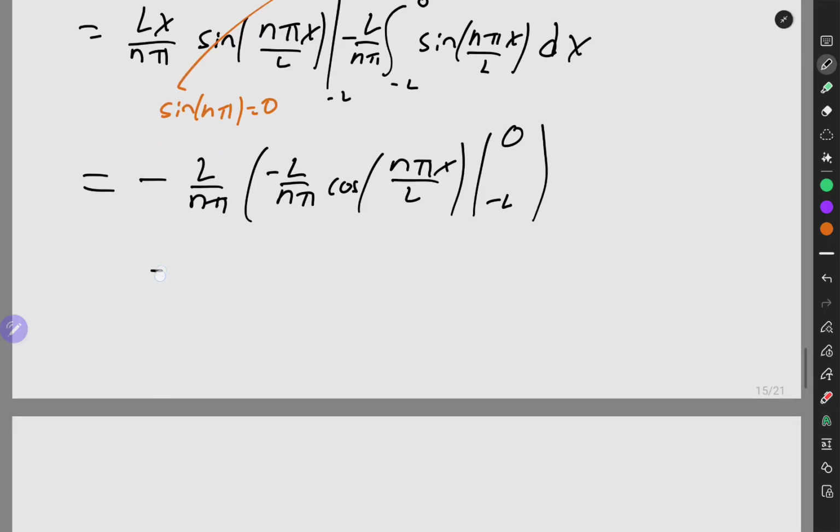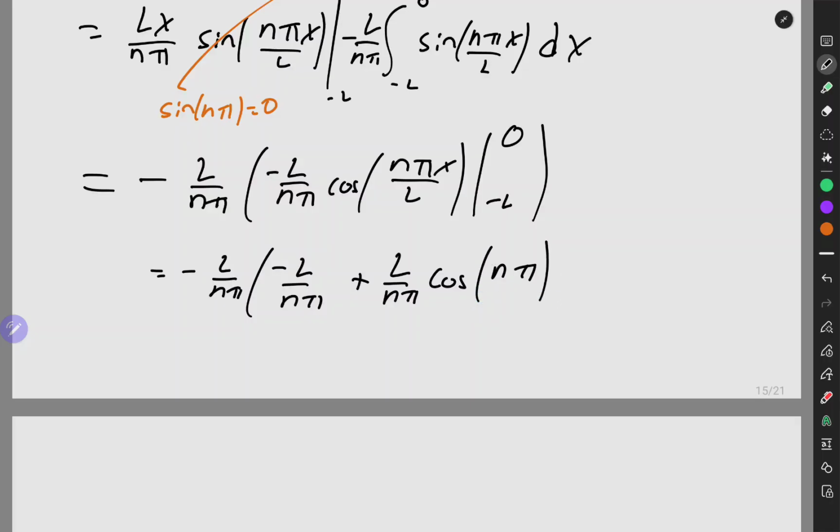Okay. Plug in 0. That's a negative L over n pi, minus plus L over n pi cosine n pi, because remember, cosine of negative n pi is cosine of n pi.